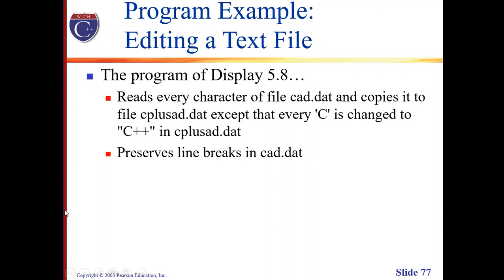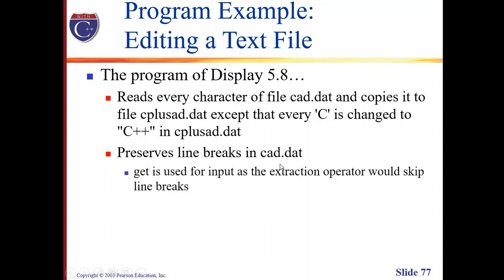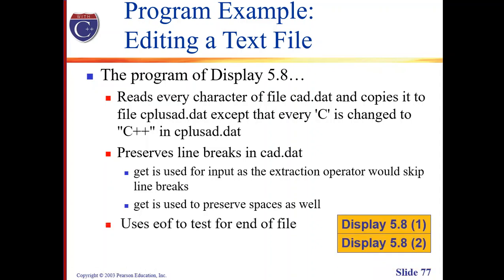Of course, it will preserve whatever line breaks are in the original file. Get is used for input, as the extraction operator would skip line breaks, and get preserves spaces as well. So only the C characters will be changed to C++. Let's take a look at the example.